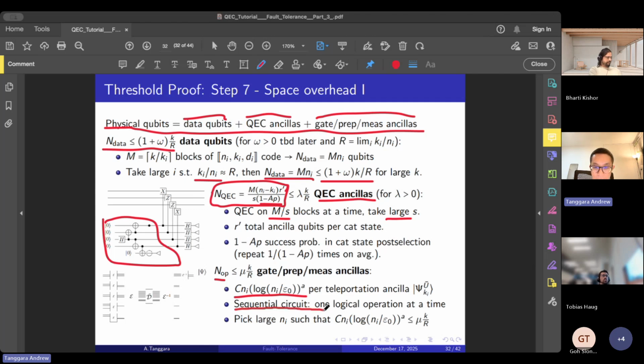Since we assume our circuit to be sequential, we're only going to do at most one logical operation at a time. So it's just going to be this polylog overhead at any given time. But later on we need to pick this n_i such that we can bound this to be constant in k.